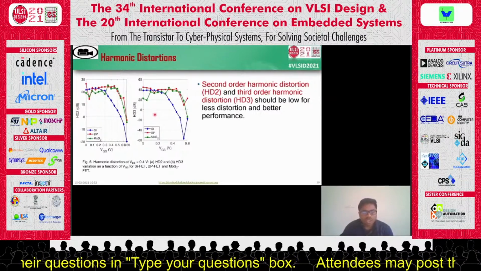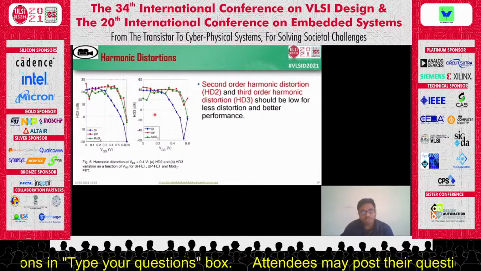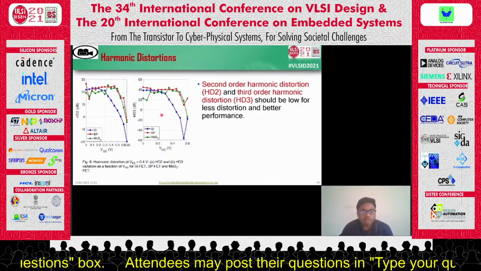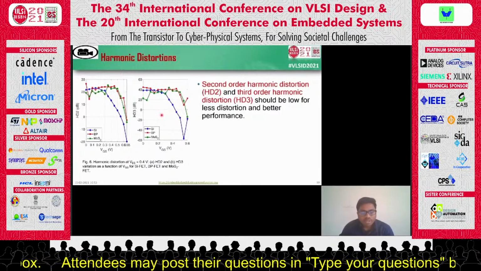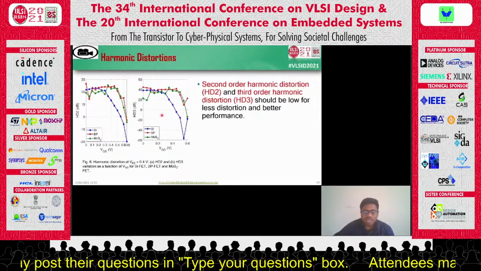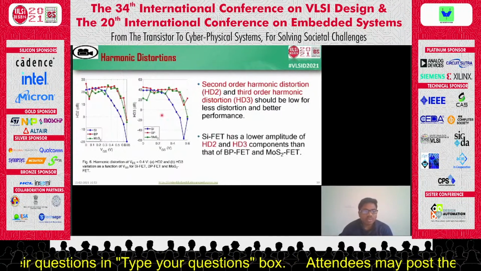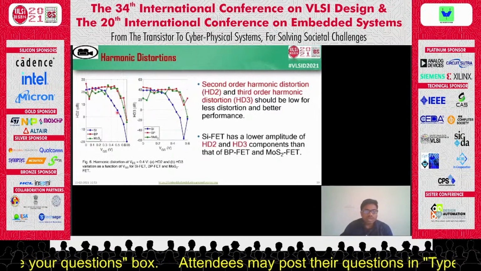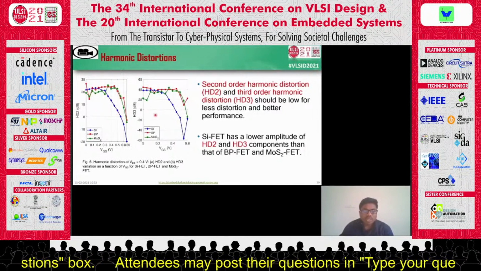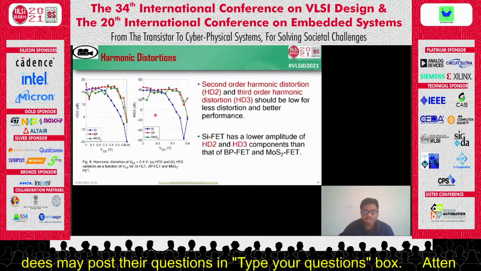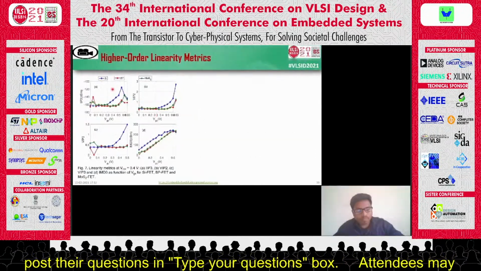HD2 and HD3 mainly depend upon gm2 and gm3 respectively, and they should be low for better linearity performance and less distortion. The Si FET has lower amplitude of HD2 and HD3 than the BP FET and MoS2 FET, so it would suffer from low distortion and have better linearity performance.